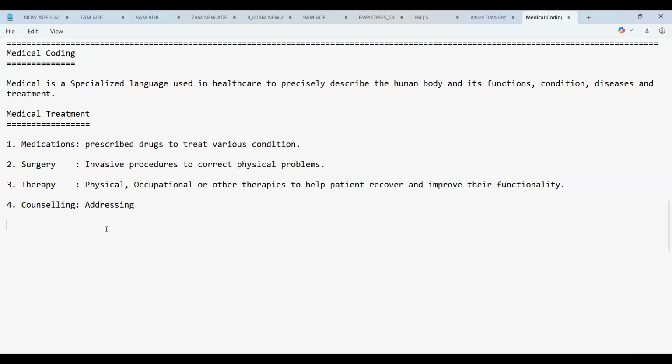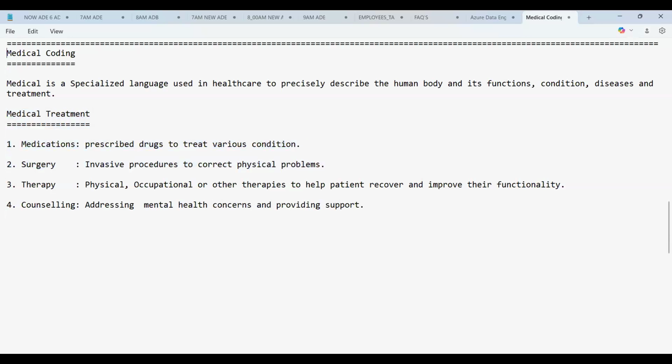Counseling is nothing but addressing mental health concerns and providing support. So these are the various methods of treatments, we can say, guys.